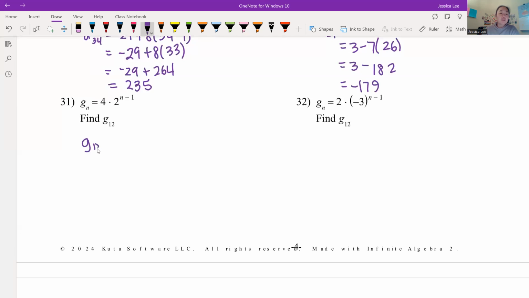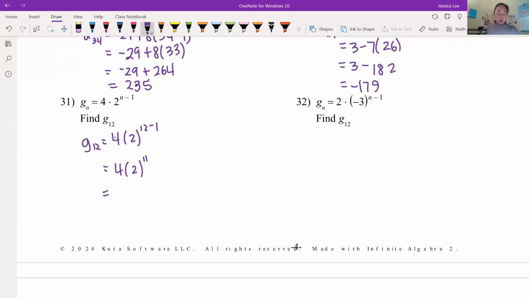We're going to go G12 is equal to 4 times 2 to the 12 minus 1, which is basically 4 times 2 to the 11. Do not make the mistake of multiplying first, because what comes first? The exponent. You're going to do 2 to the 11th power and then multiply it by 4. So we're going to get ready for a really big number. I'm not going to be able to do that in my head.